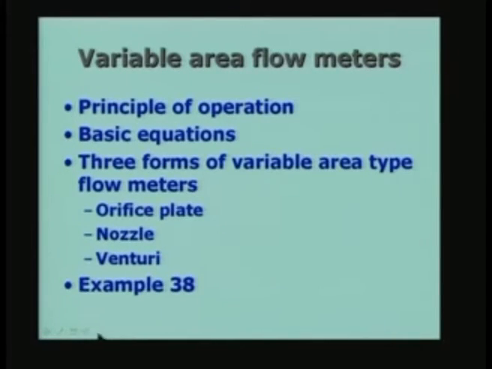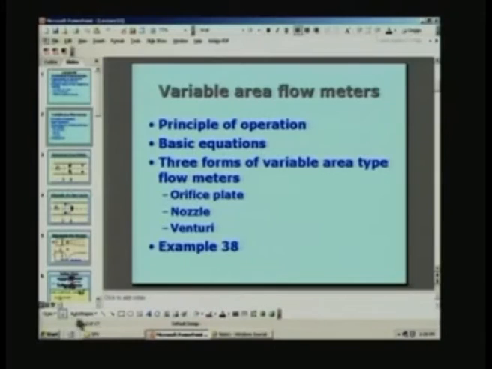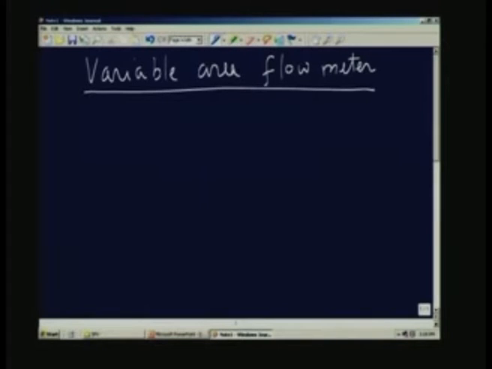Let me go to the board and look at the principle of operation of a variable area flow meter device. We will look at the principle of operation of such a meter.